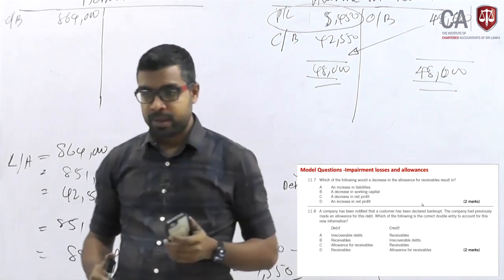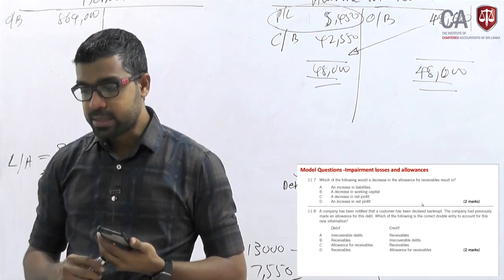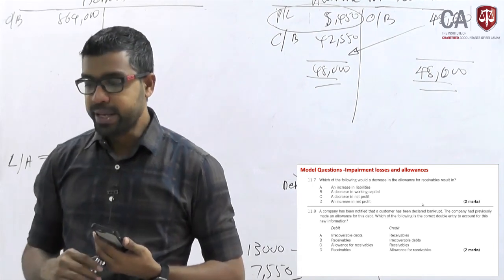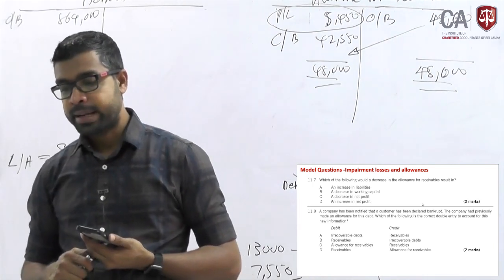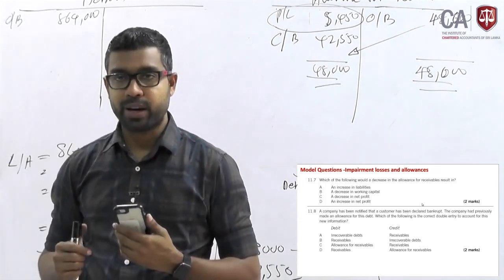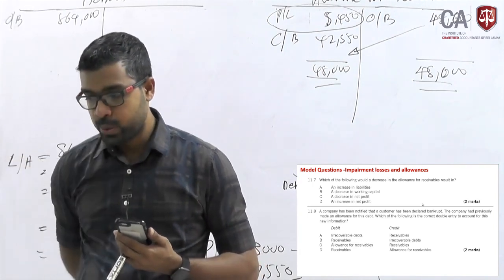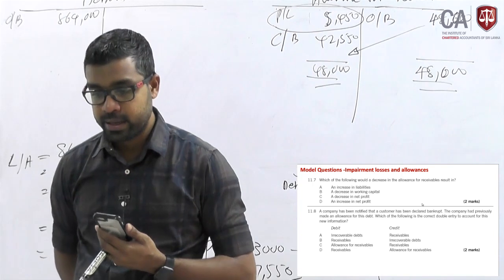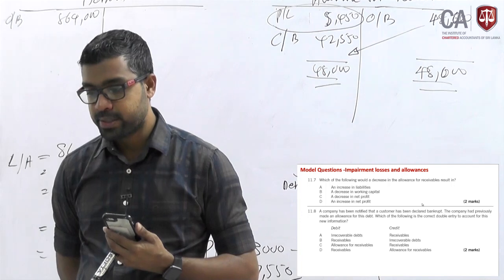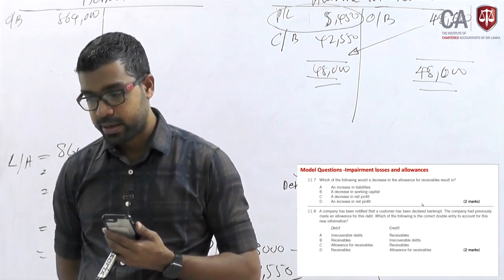Read question number 8. The company has been notified that a customer has declared bankruptcy. The company had previously made an allowance for the debt. Which of the following is the correct double entry to account for this new information? Irrecoverable debt debit, receivable credit. Receivable debit, irrecoverable debt credit.